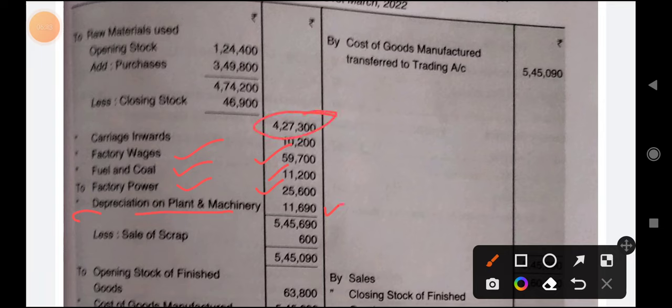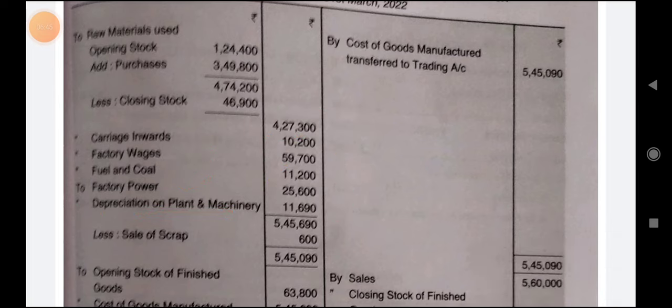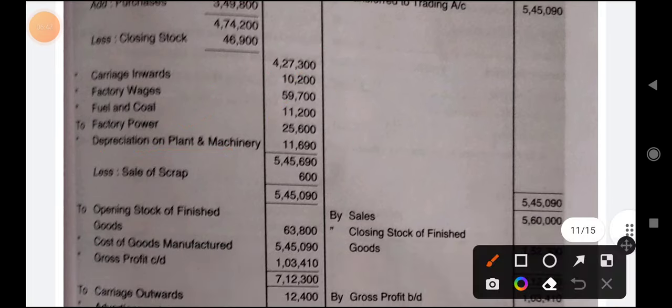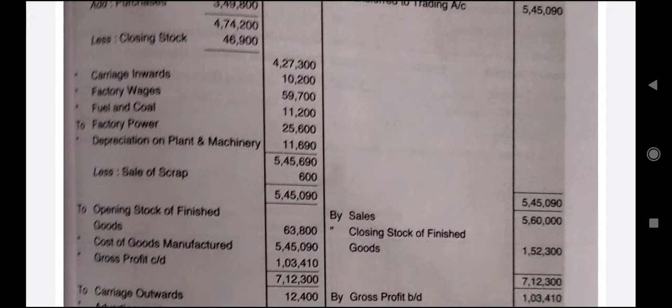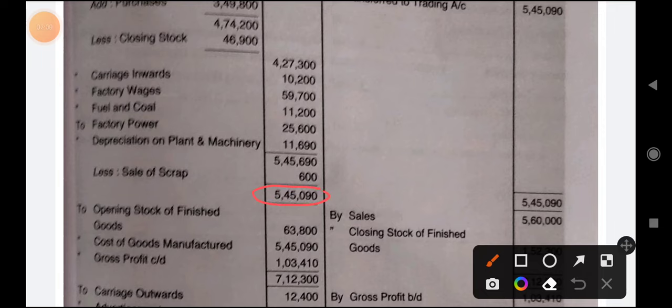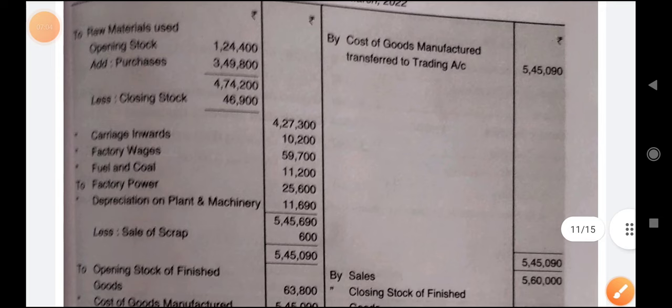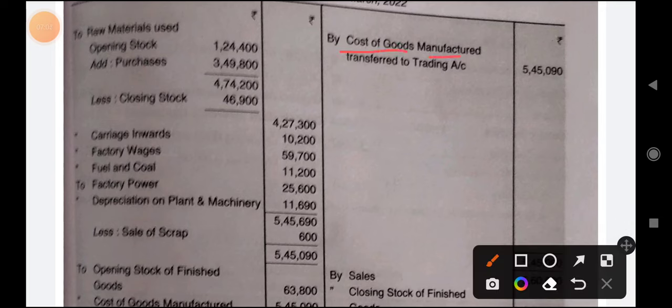To this raw material, if you add all these expenses and deduct the sale of scrap, whatever total you are getting, 5,45,090 rupees, that we will call cost of goods manufactured, transferred to trading account.